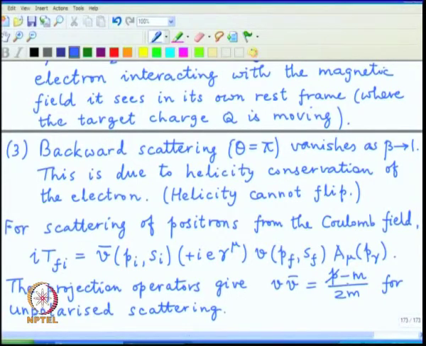There is an overall sign from the actual projection operator, which is (m minus p slash) by 2 m, but those signs we have already included in the Feynman rules, where there was a minus sign for every positron in the initial state, which must be included in the cross section. So, having done that, the projection operator is easily written as (p slash minus m) by 2 m.